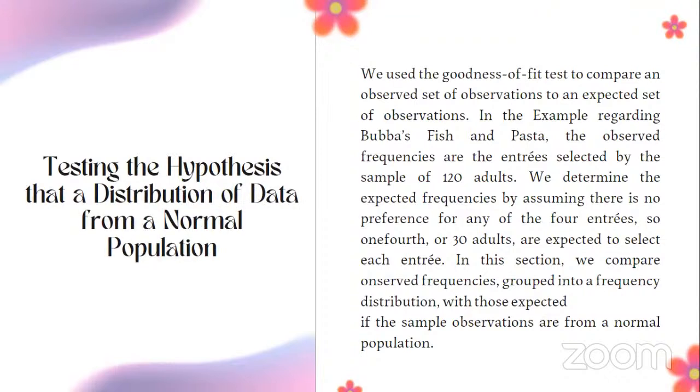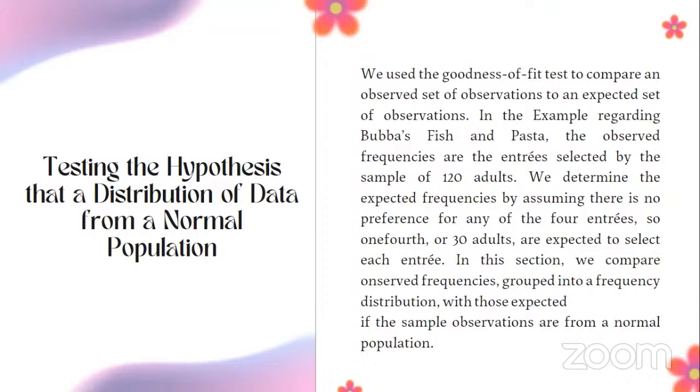Testing the hypothesis that a distribution of data is from a normal population. We use the goodness of fit test to compare an observed set of observations to an expected set of observations.